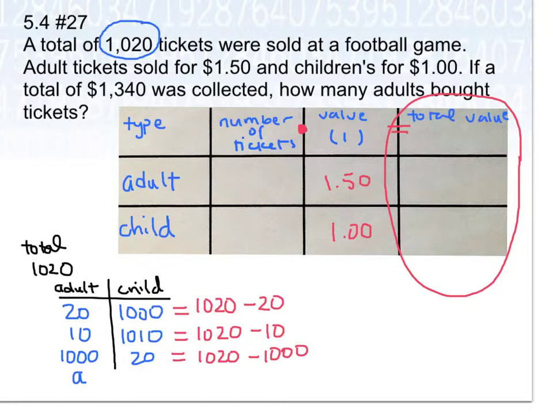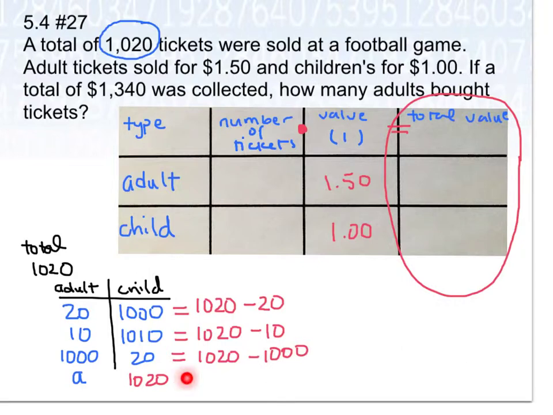So I'd like to develop a pattern in order to see the expression for the number of child tickets. I'm going to notice that the first number in every expression is 1,020, so I'll write that down. I notice that there's a minus sign in between the numbers.